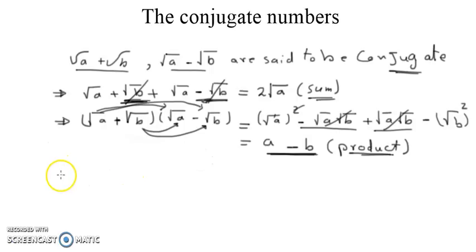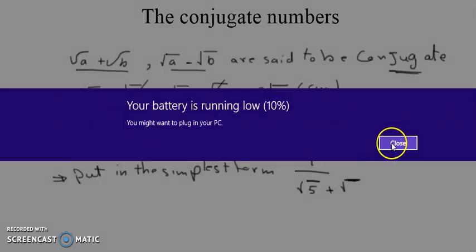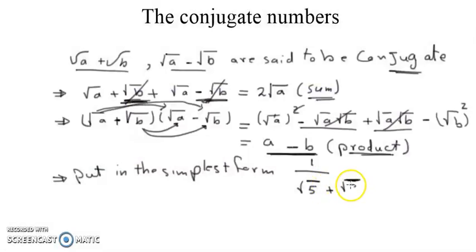This is very important for solving a problem like this: put in the simplest form. If we say, for example, 1 over square root of 5 plus square root of 3, in order to put this in the simplest form, we should multiply the numerator and the denominator by the conjugate of the denominator.